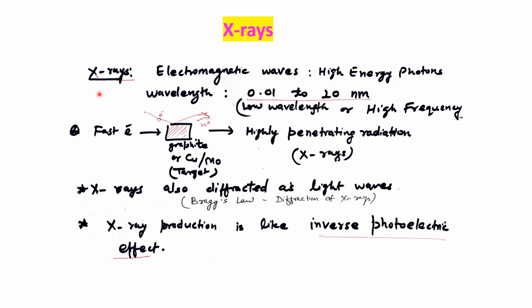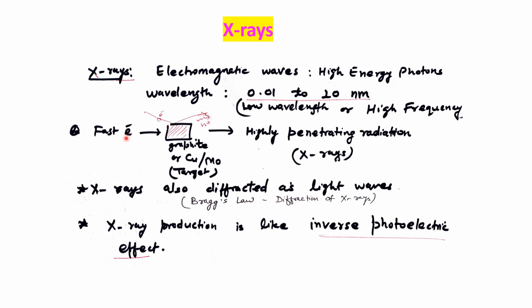Now we will discuss briefly what X-rays are, because now we will move to the Compton effect, and in the Compton effect X-rays were used instead of visible light. So X-rays are electromagnetic waves and they are high energy photons, and the wavelength of X-rays is from 0.01 nanometer to 10 nanometer, meaning they have a low wavelength or high frequency.